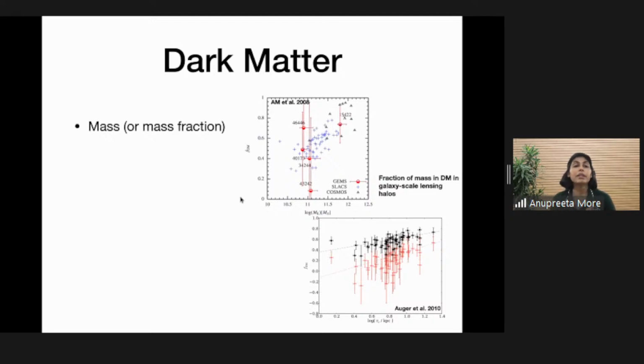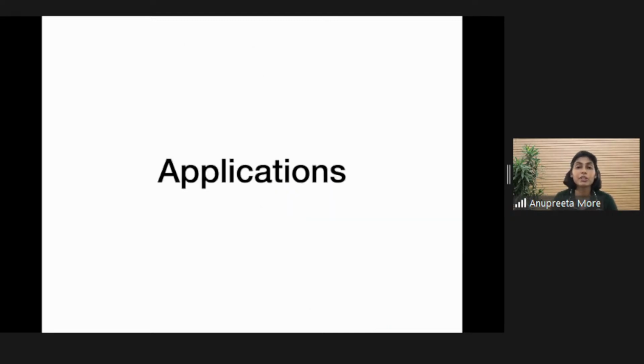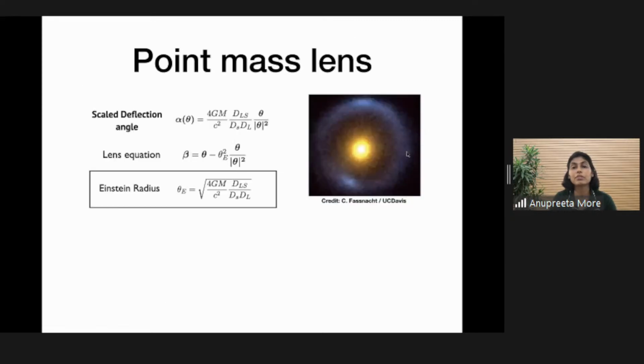And there are other methods that are used; let me just show with this example. With strong lensing, what one can get is the total matter that is enclosed within this sort of a ring. And based on other observations, we can quantify how much mass is distributed in the stellar population.